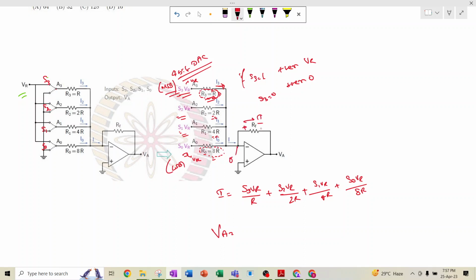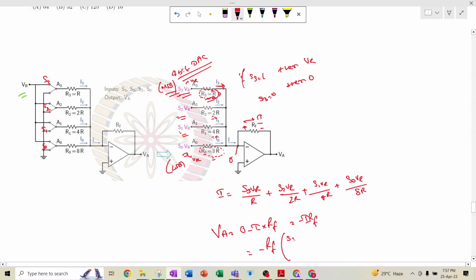Here it will be plus, here it will be minus. So 0 minus I into RF, that means minus RF into S3 VR by R plus S2 VR by 2R plus S1 VR by 4R plus S0 VR by 8R.